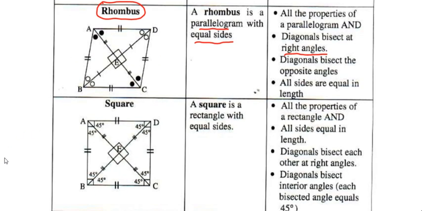Then you have a square. A square is a specialized rhombus in that it's a parallelogram and it's a rectangle, and therefore it obeys all the properties of a palm. 90 degrees, all sides are equal, and the diagonals would be equal, and they bisect each other. And because it's 90 degrees, the diagonals of a rhombus and a square bisect the angle, therefore that will be 45, 45.